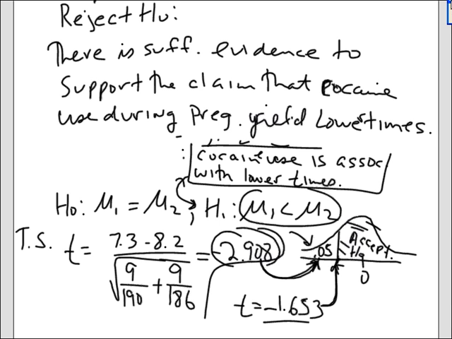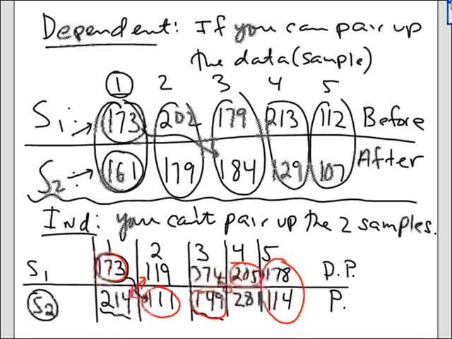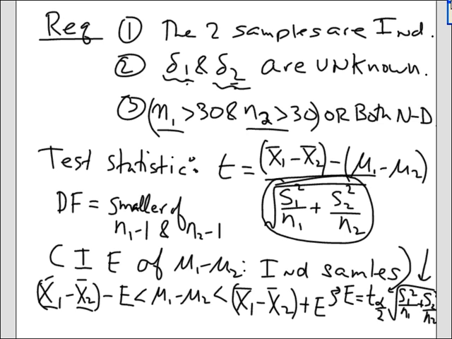Lower times for the offspring when they are 4 years old. So there's clear evidence that parents, moms, should not use cocaine while they're pregnant.